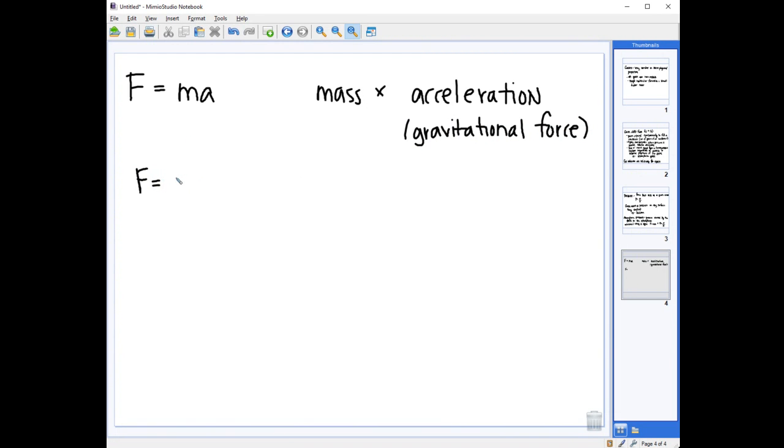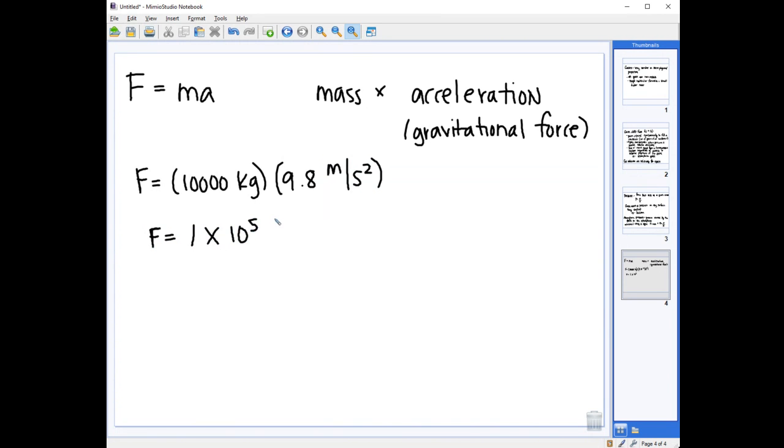So we're going to plug this into our equation, and we're going to say we have a 10,000 kilogram column of air, and we're going to multiply that by our gravitational constant, which is 9.8 meters per second squared. Okay. And when we do the math, and when we get our significant digits with a little bit of rounding, we have 1 times 10^5 kilograms times meter divided by second squared.